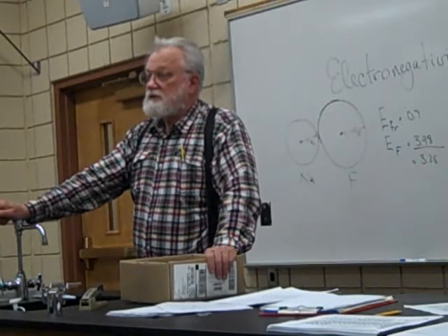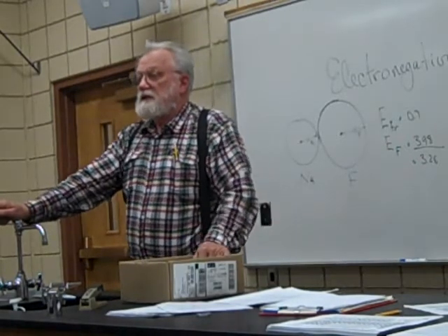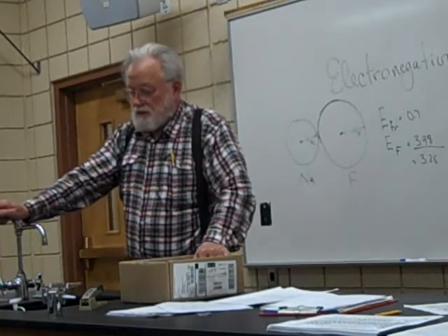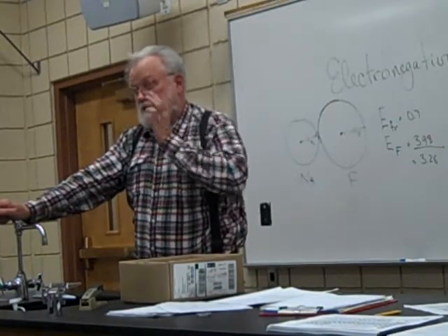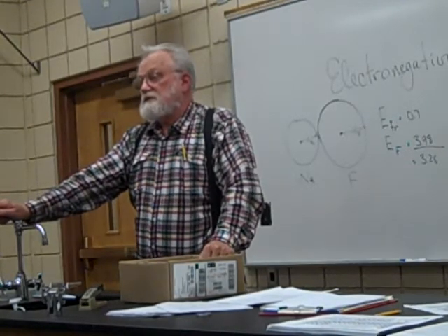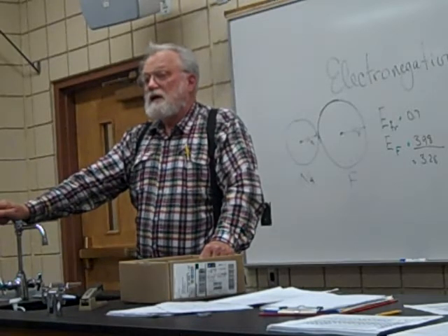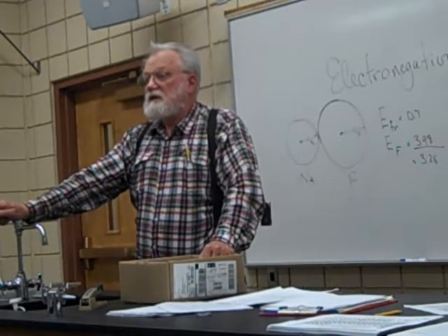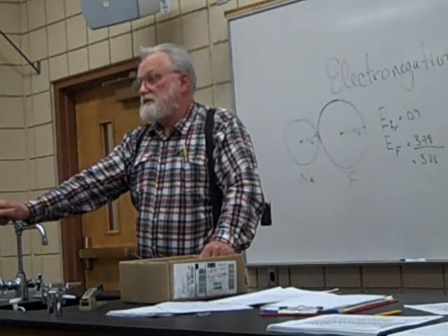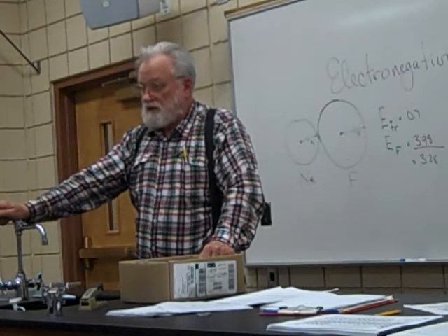Well, it isn't true. It was a kind of a fiction that we permitted you to indulge yourselves with. But now the truth is out. We've come clean. The bonding between atoms can be covalent with some ionic character, or ionic with some covalent character.